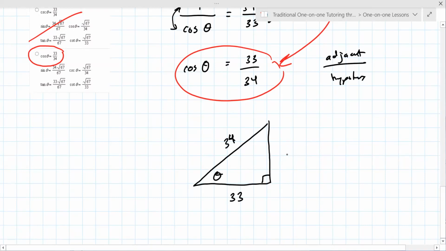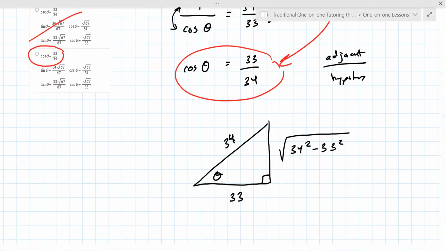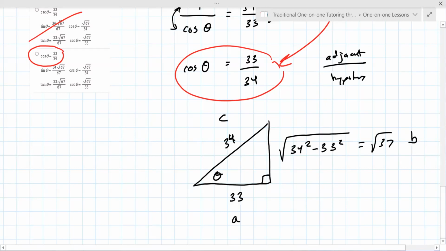To find the missing side, you take the square root of the hypotenuse squared minus the leg squared. This is just a Pythagorean theorem situation. Which sides are A, B, and C on the triangle usually? You get to pick, but A and B are usually the legs, and C is the hypotenuse.